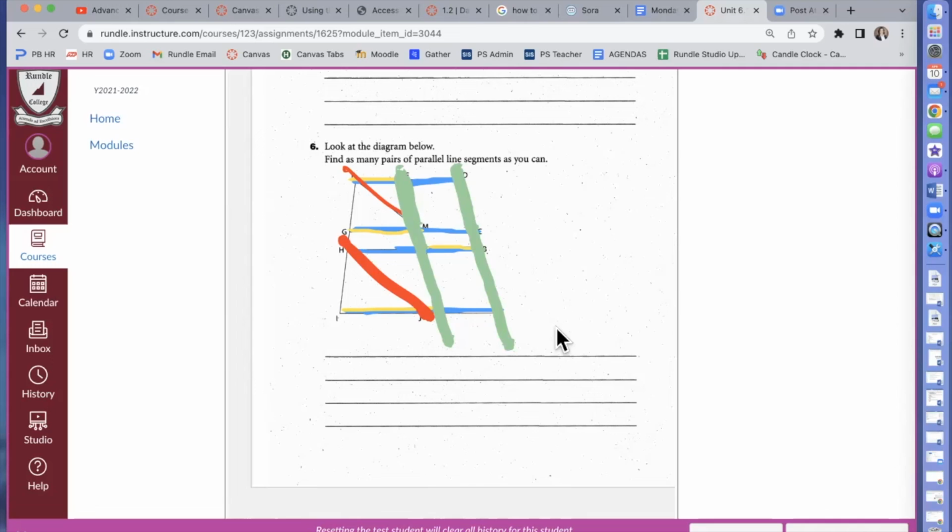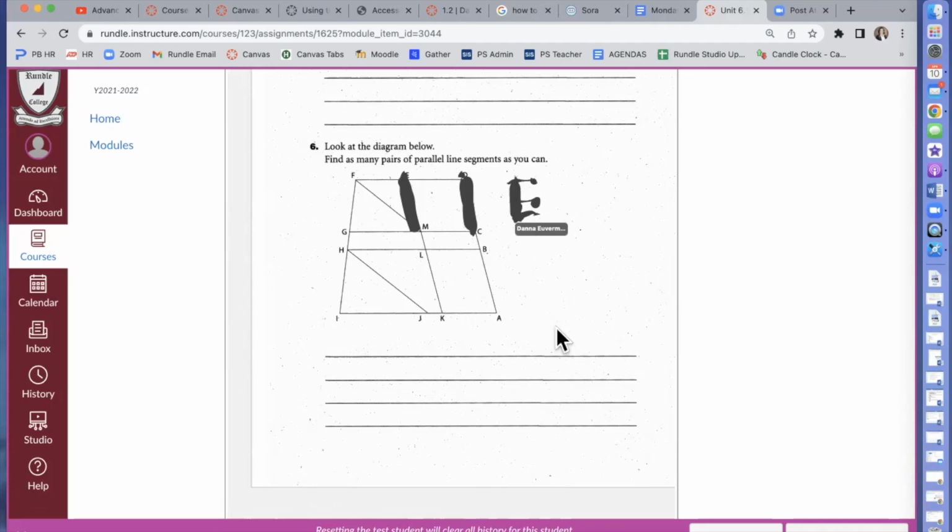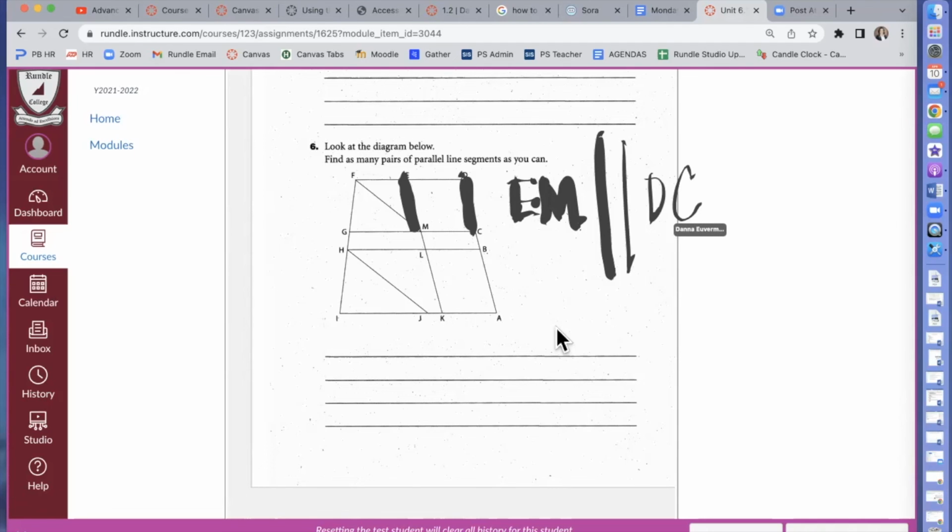Remember, when we write parallel lines, I'm just going to pick a set just to remind you how we do this. If I'm going to say that EM is parallel to DC, remember you write EM is parallel to DC. And sometimes this is a trick that I use if I'm like, oh goodness, what is that symbol that I use?